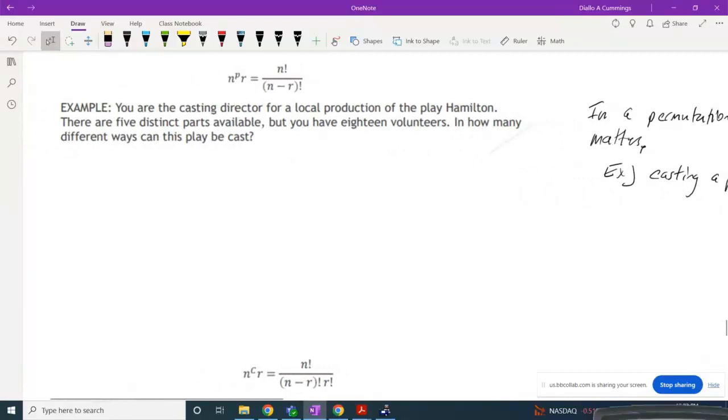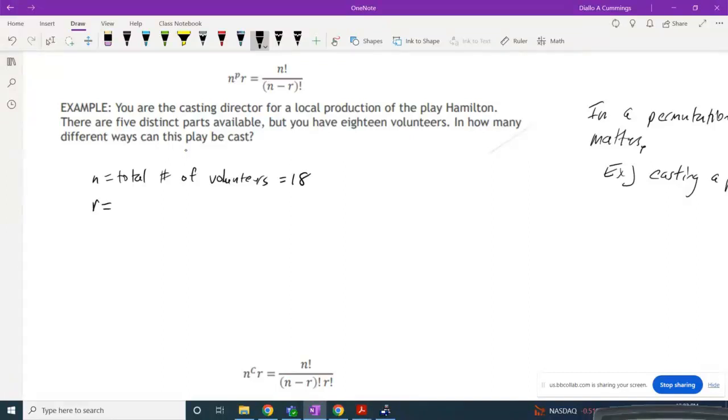So for this permutation, you're the casting director for a local play, Hamilton. There are 5 distinct parts, but you have 18 volunteers to choose from. How many different ways can you cast the play? N is going to be the total number, in this case, of volunteers, which is 18 people to choose from.